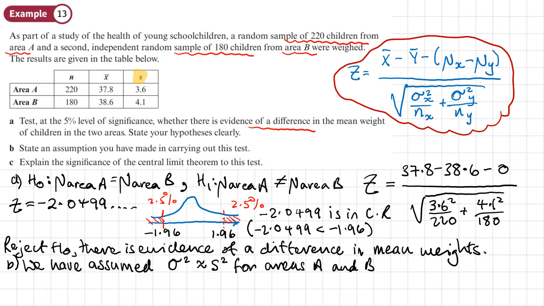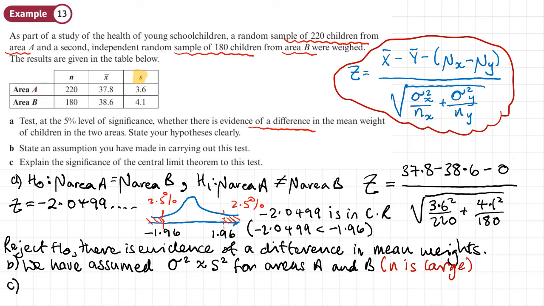What we've done is we've assumed that the population variance is approximately our sample variance for areas A and B. Now this is a valid assumption to make since n is large, we've got a large sample size for both areas.